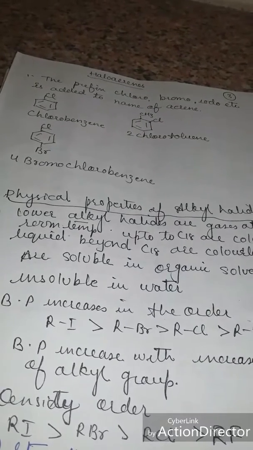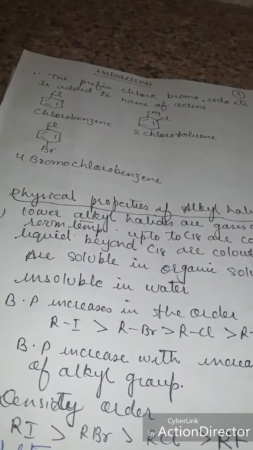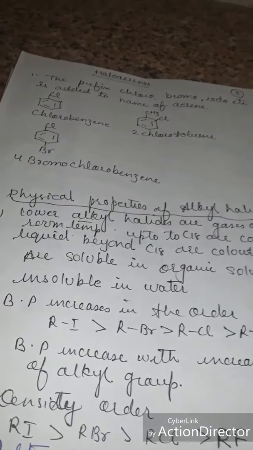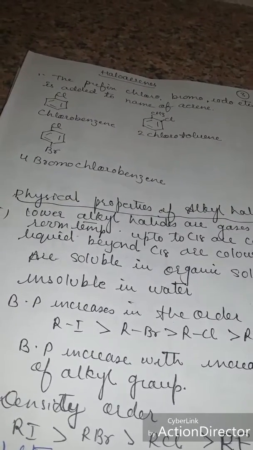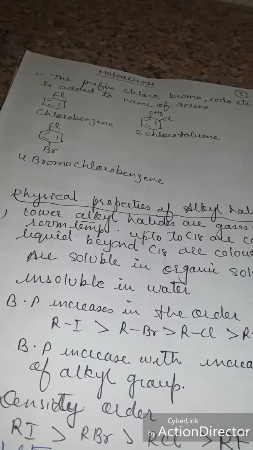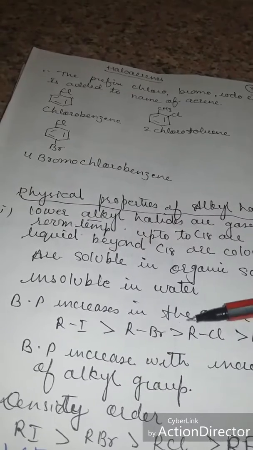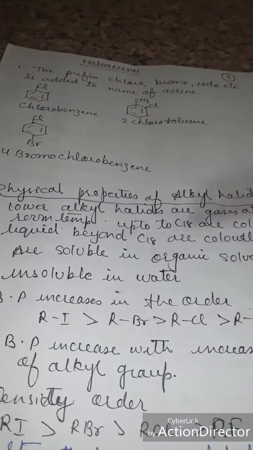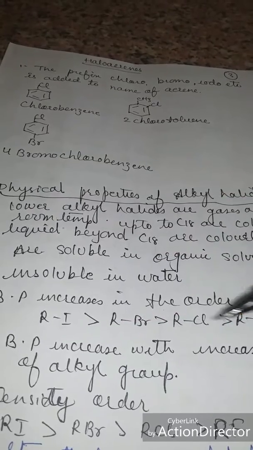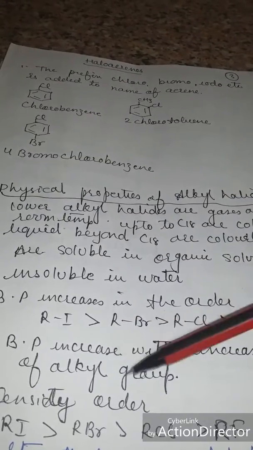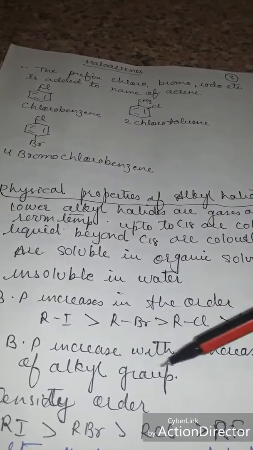When we talk about the melting and boiling point, the melting and boiling point increases with increase in the size of the alkyl group or increase in the size of the halogen. So this will be the order, that is RI will have the higher boiling point. It also depends on, as I told you, the increase in the size of the alkyl group.